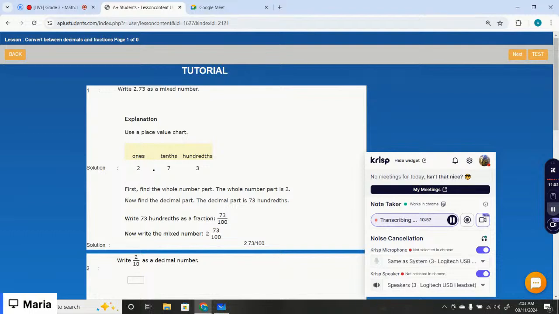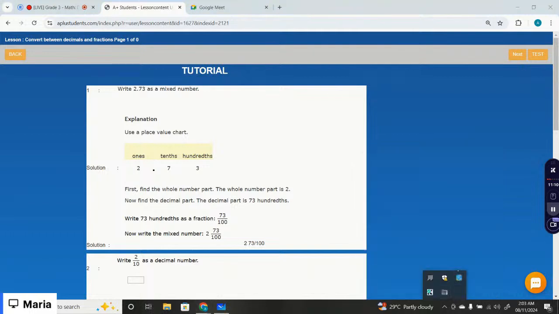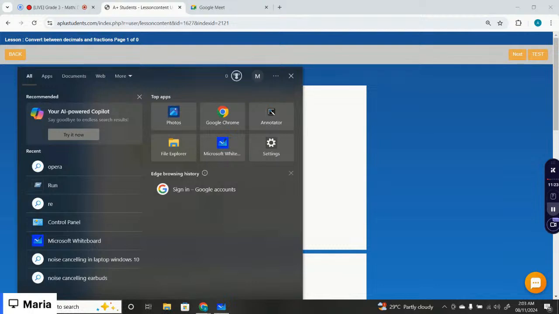Write 2.73 as a mixed number. So what is a mixed number? A mixed number is one that has a whole number and a fractional part, right?